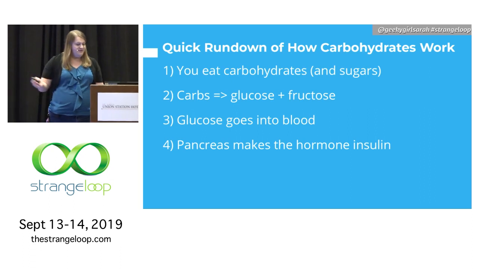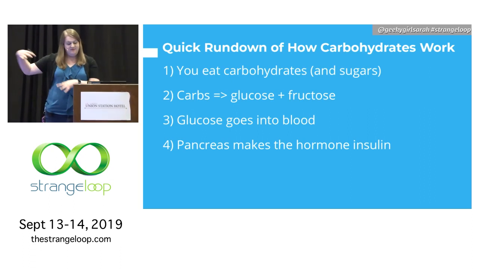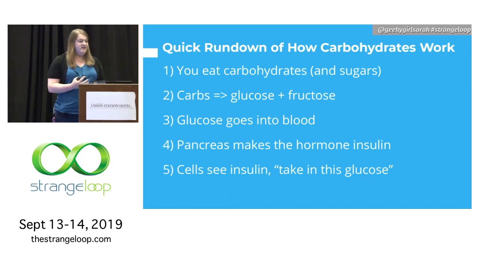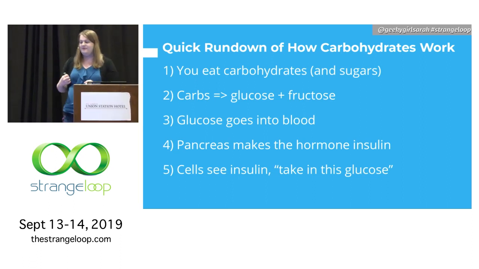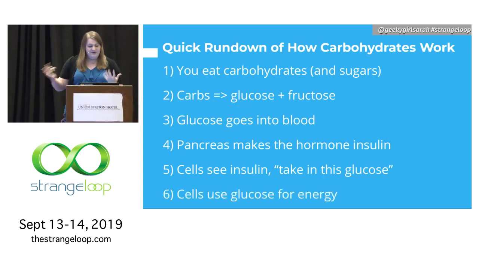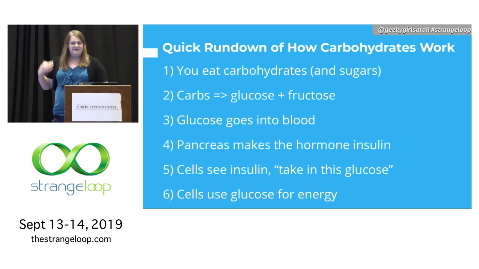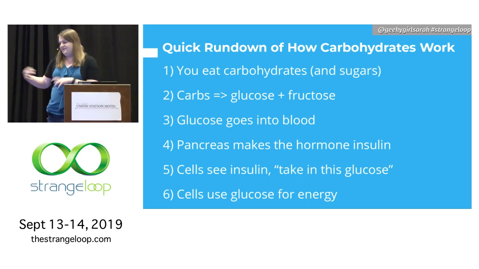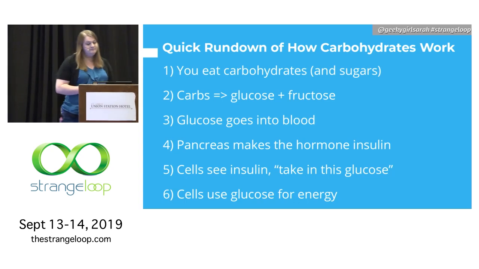So it sees it go up, it starts to make more insulin. Once your cells see this insulin, that tells them, oh, hey, take this glucose and start using it as energy. So the central process is basically all of the cells in your body need glucose to work, but they can't use that glucose without this insulin in your bloodstream as well.